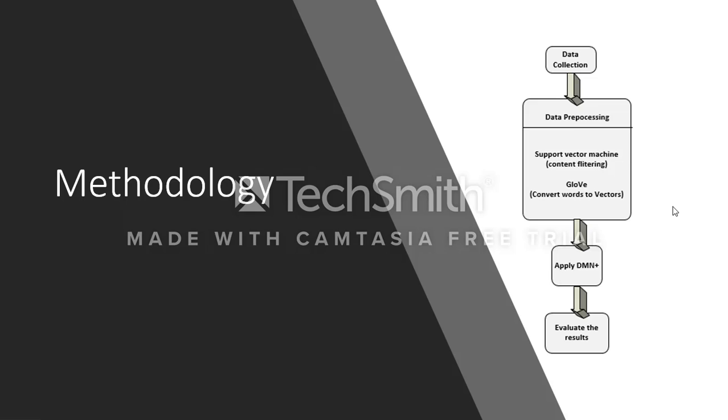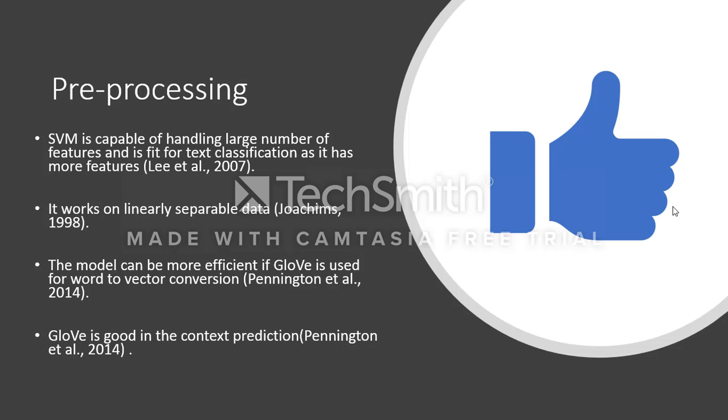When these are converted to vectors, we can map the distance between them and form many more relationships. After forming these vectors, we pass them to the DMN, dynamic memory network, and then we evaluate the results using BLEU as explained before.